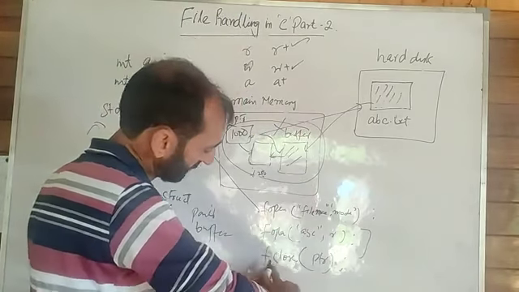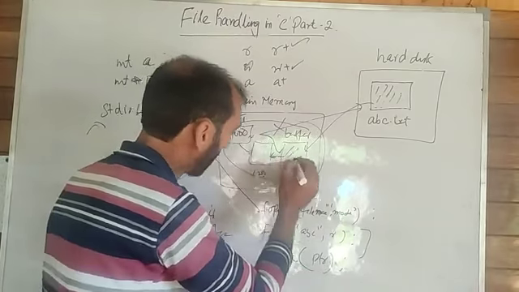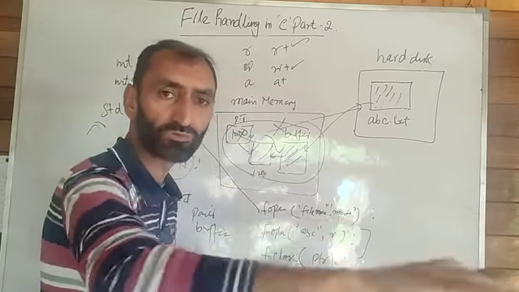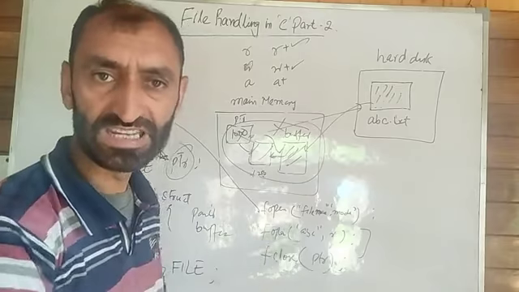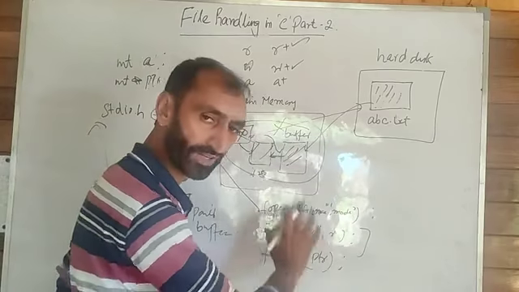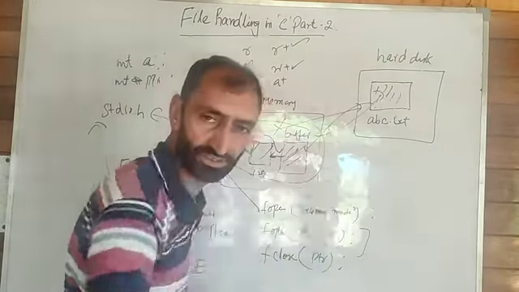Whenever we use this function, fclose(ptr), the copy of the contents in the main memory is going to be erased. This memory is going to be released. That means fclose releases the memory and saves the contents back into the hard disk.